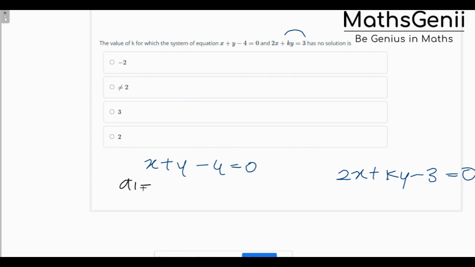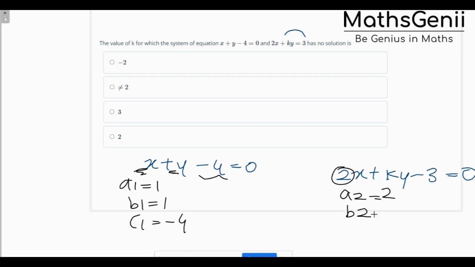A1 is 1 because nothing here, right? B1 is again 1 because nothing here. C1 is minus 4. A2 is 2. B2 is k and C2 is minus 3.